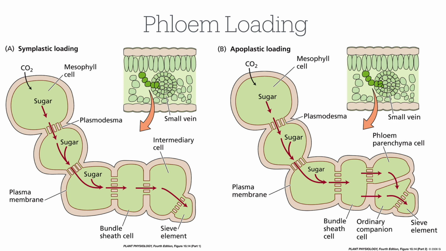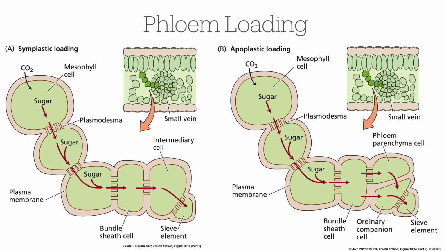We have a picture of a cross-section of a leaf with a vascular bundle, and we can see a number of mesophyll cells lined up transporting to the center of that vascular bundle. We see CO2 here in a mesophyll cell being converted into sugar.